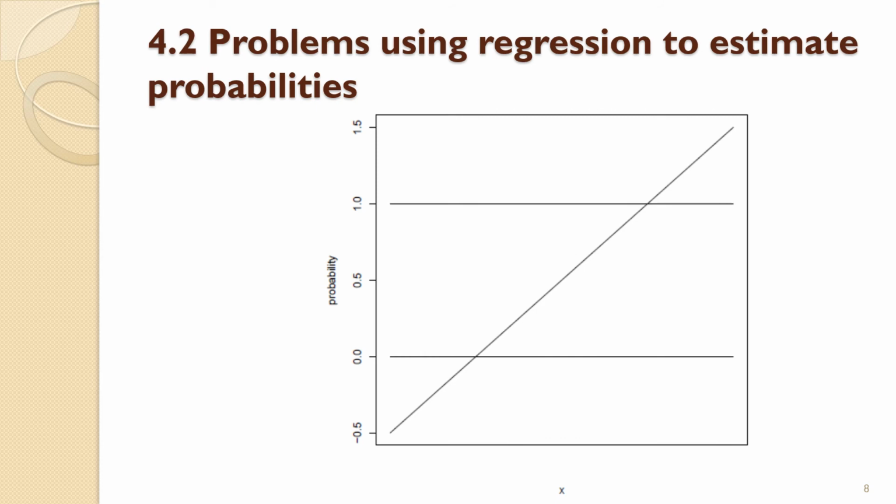So there is some technical mathematics in the background and a few equations, but all that's happening here is you're taking this regression line and squashing it down so that any estimated probabilities have to lie between 0 and 1.